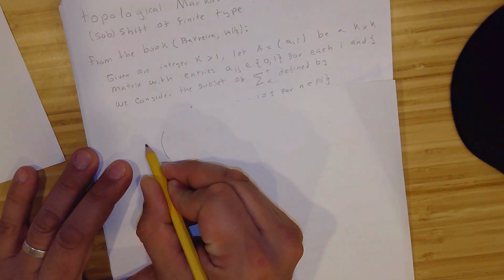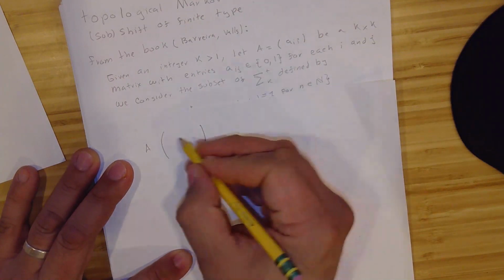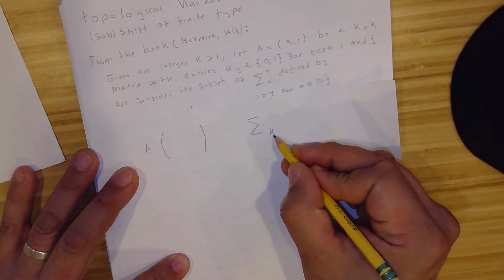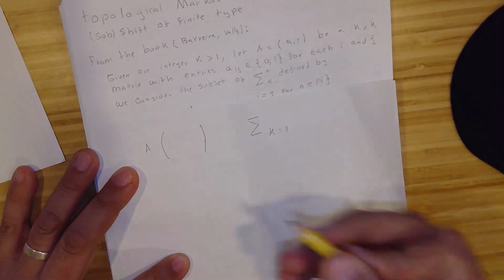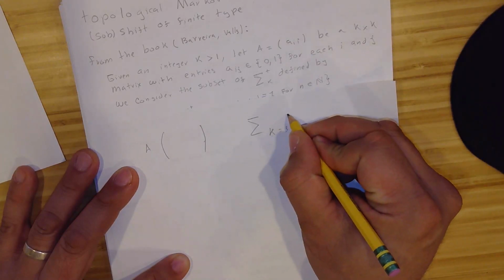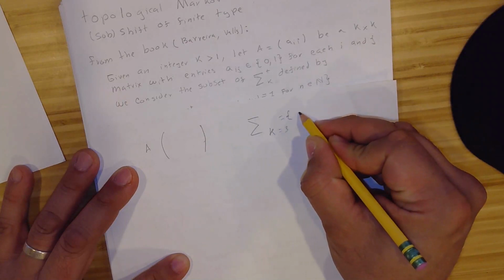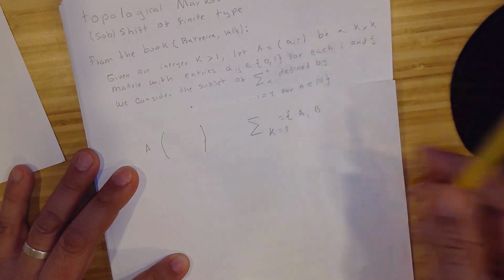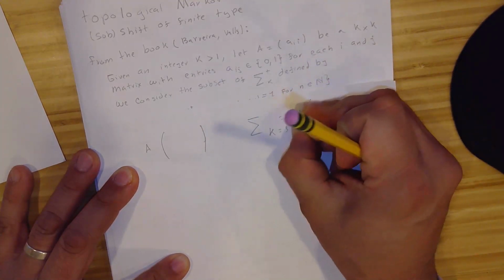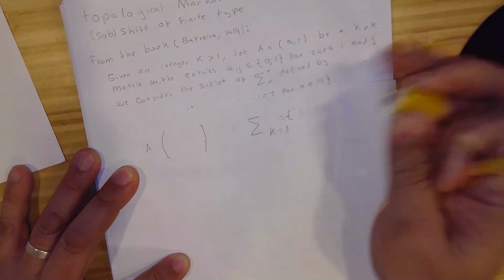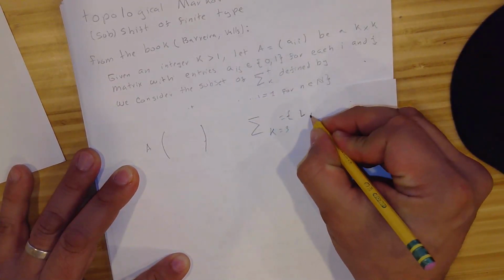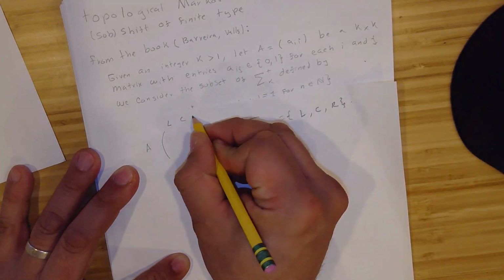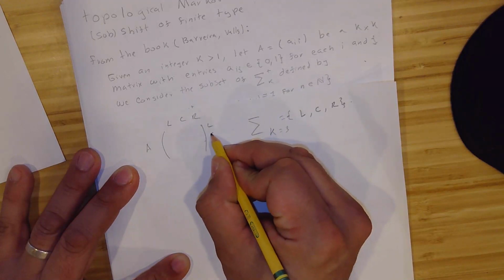If I have the matrix, let's say the matrix A, let's say that k could be 3, right? For example, let's call the states left, center, and right, so I have left, center, and right, and left, center, and right.